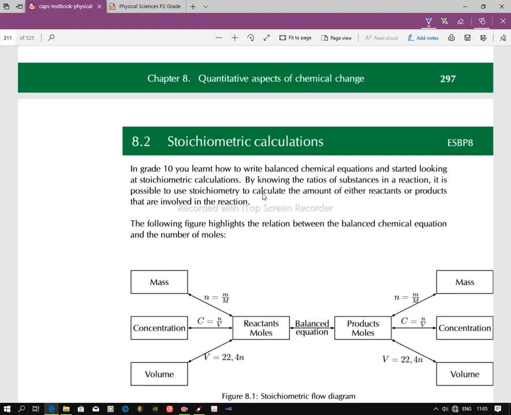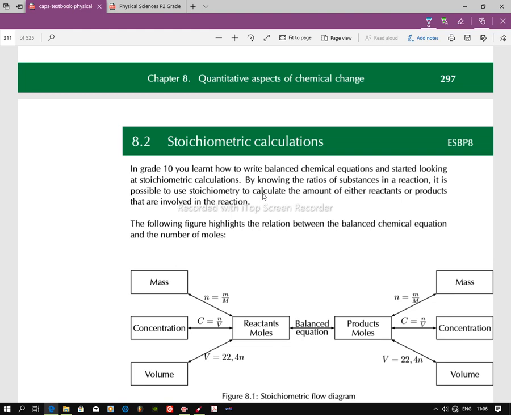Okay. They say you learned how to write a balanced chemical equation and now start looking at stoichiometric calculations. By knowing the ratio of a substance in a reaction, it is possible to use stoichiometry to calculate the amount of either reactants or products that are involved in the reaction.